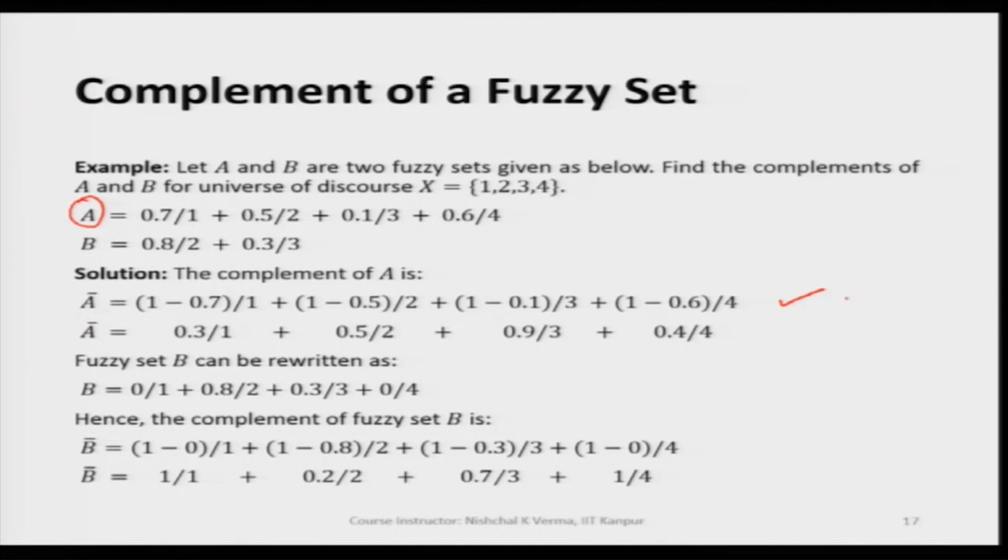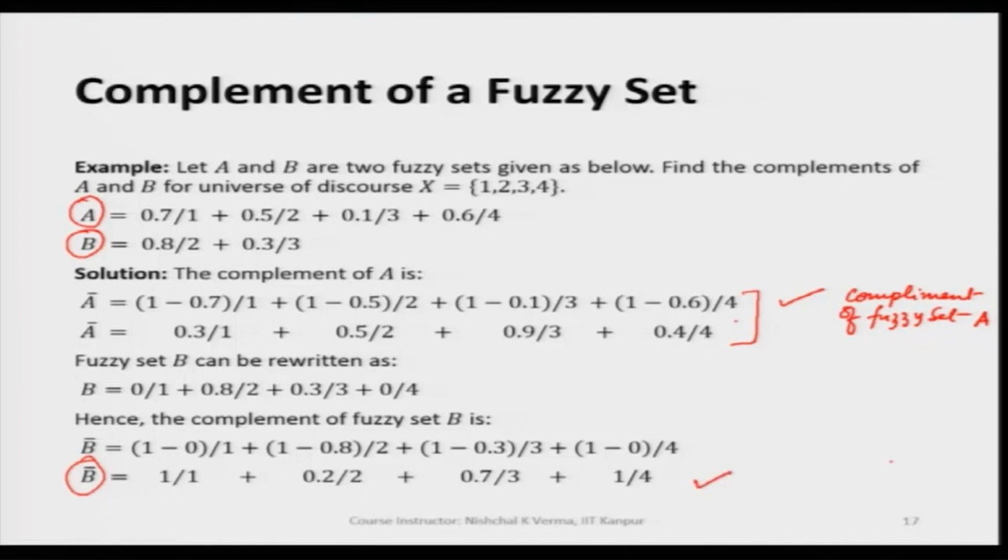So, this is the complement of fuzzy set A. Similarly, if we take this fuzzy set B, we can get the complement of the fuzzy set here.